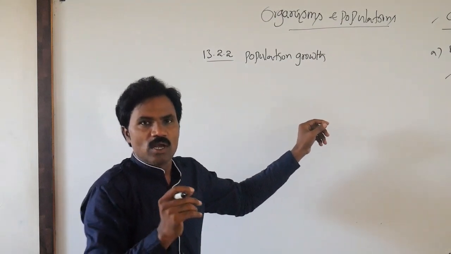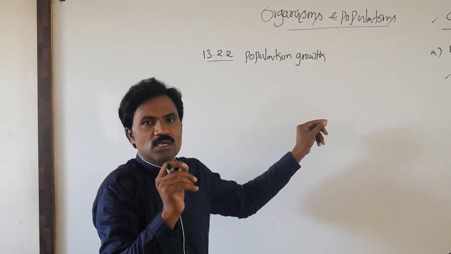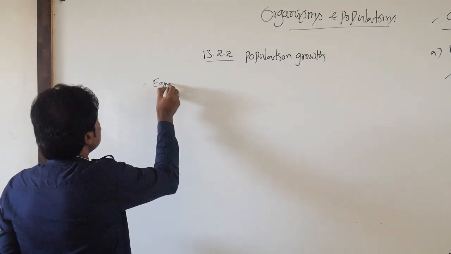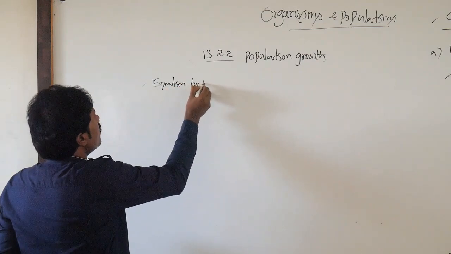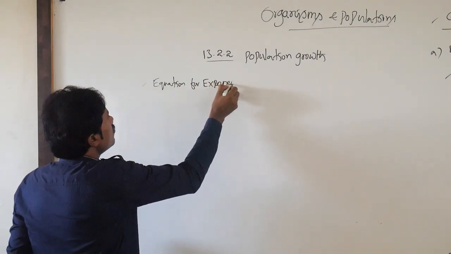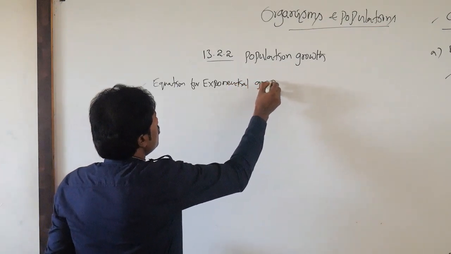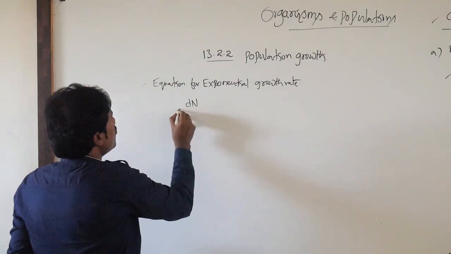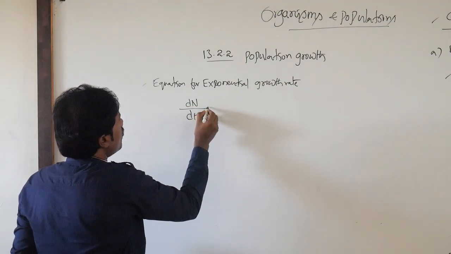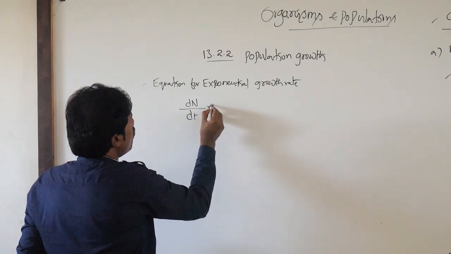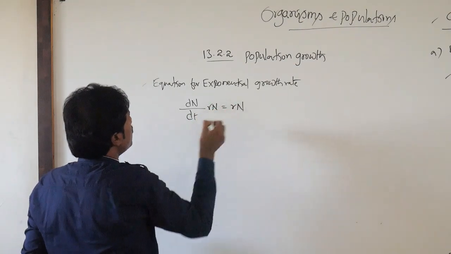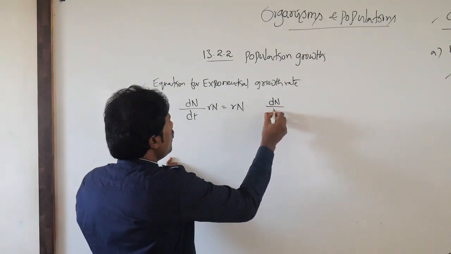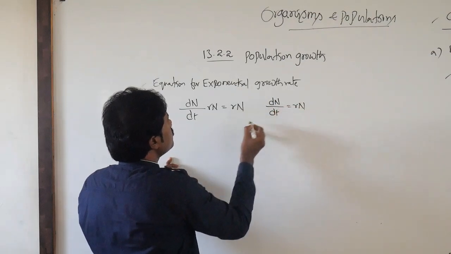Whenever they ask for the equation related to the exponential growth rate, it is dN/dt = rN, or according to our textbook, dN/dt = rN.